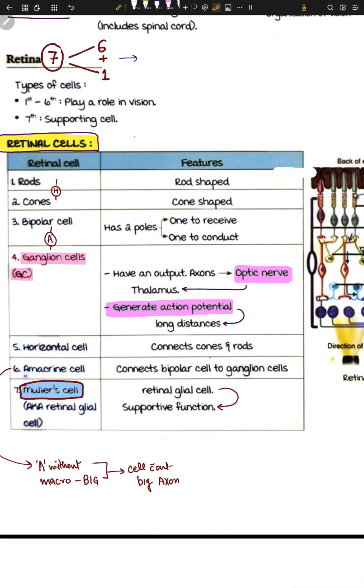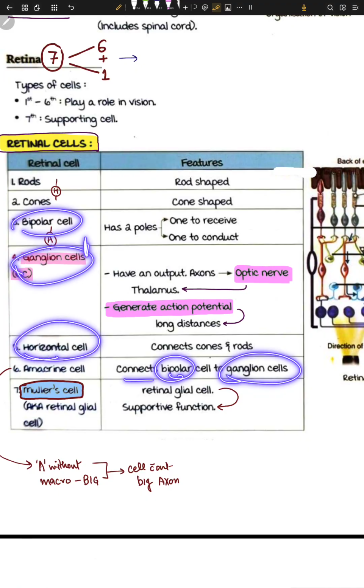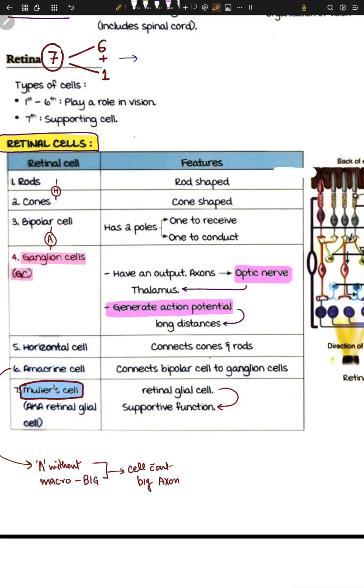I will tell you what. Amacrine cells, they connect bipolar cells to ganglion cells, so they are present here. Horizontal are present here between rods and cones. And then the last one is Muller, or Muller, whatever you want to call it.